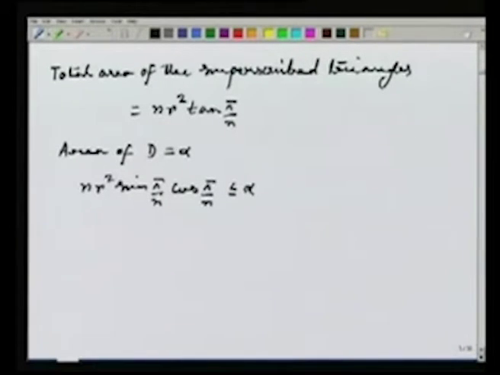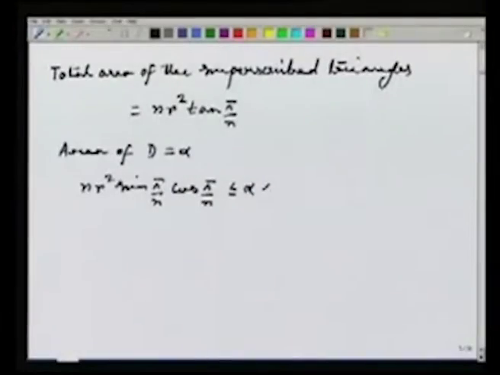So the total area is certainly smaller than the total area of the disk, so it is less or equal to. On the other hand, this alpha is less or equal to n r square tan pi by n, because now the right hand side represents the superscribed triangles. So the total area must be bigger than the area of D. Now this is true for all n.